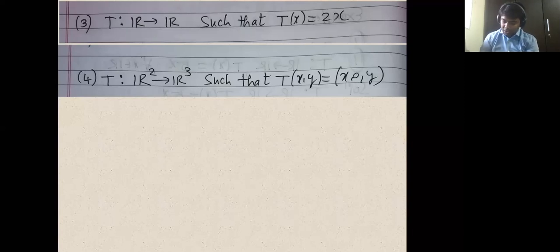So kernel T, our definition, is a vector x belongs to the domain such that T of x is equal to 0 of the codomain. So this is our definition of kernel. Can you see that?